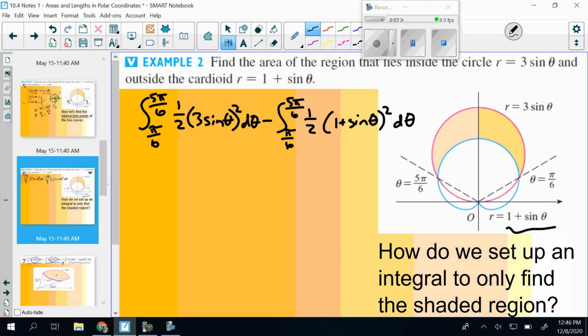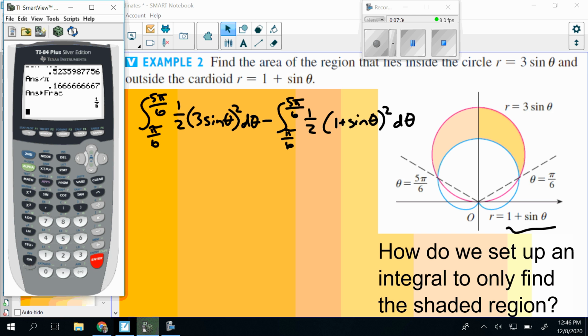To solve this one, you could again use your calculator to evaluate and see what you get. So if we want to do the integral, I'm going to do my integral here from pi over 6 to 5 pi over 6.